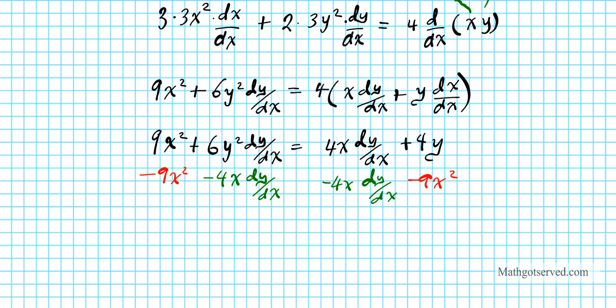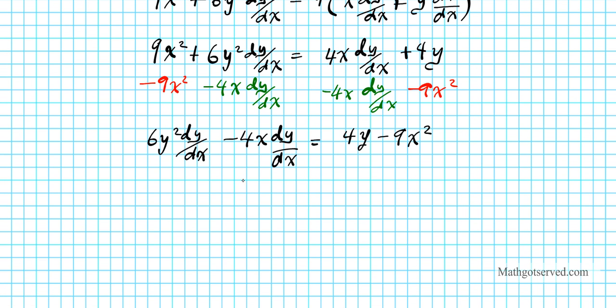So that's going to give us, on the left side, 6y squared dy/dx minus 4x dy/dx equals 4y minus 9x squared. Okay? So the question is, why did I choose to have dy/dx on one side?